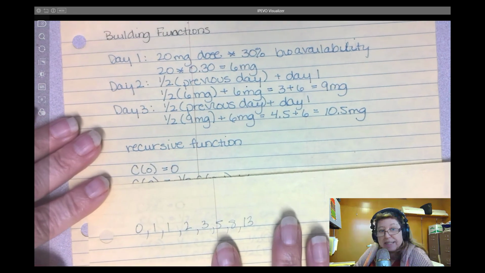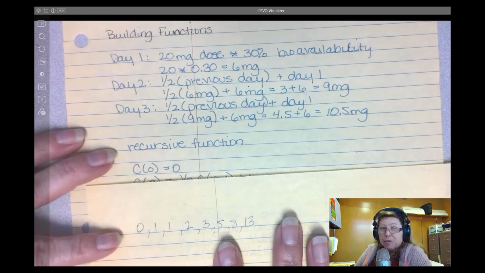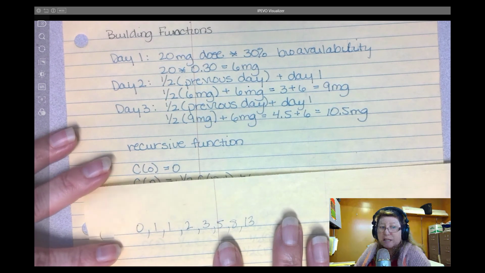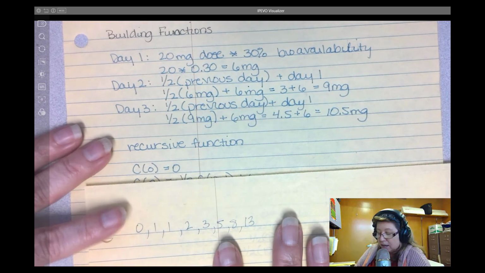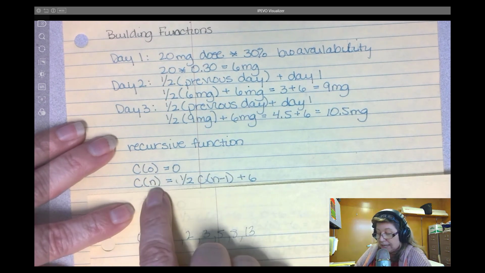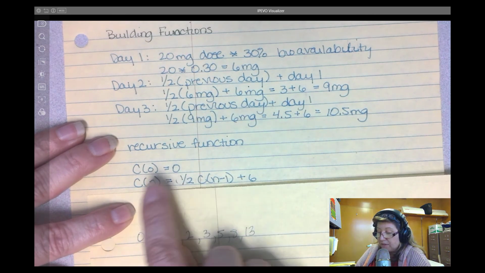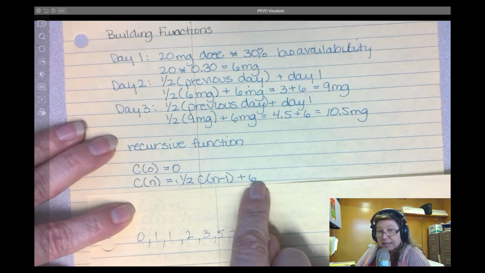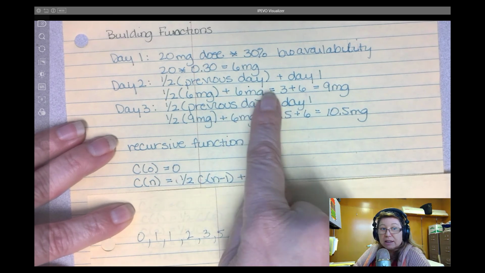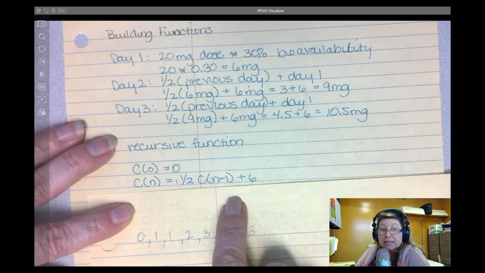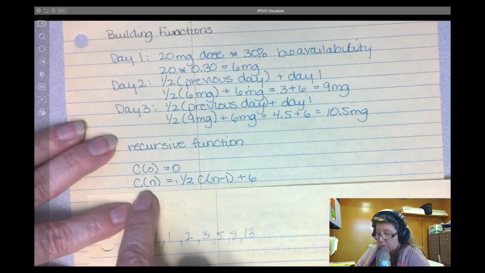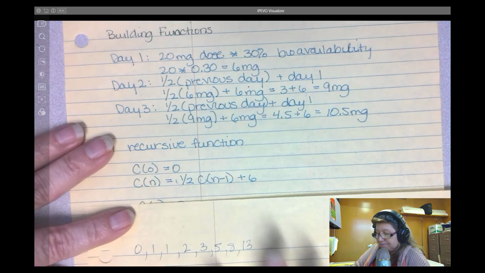So on day 0, he didn't take anything, so he doesn't have anything left in his body. On day N, he has half of the previous day plus the 6 that was originally from taking the first dose. This is a recursive function, because you have to know what happens before it to know what happens after it.